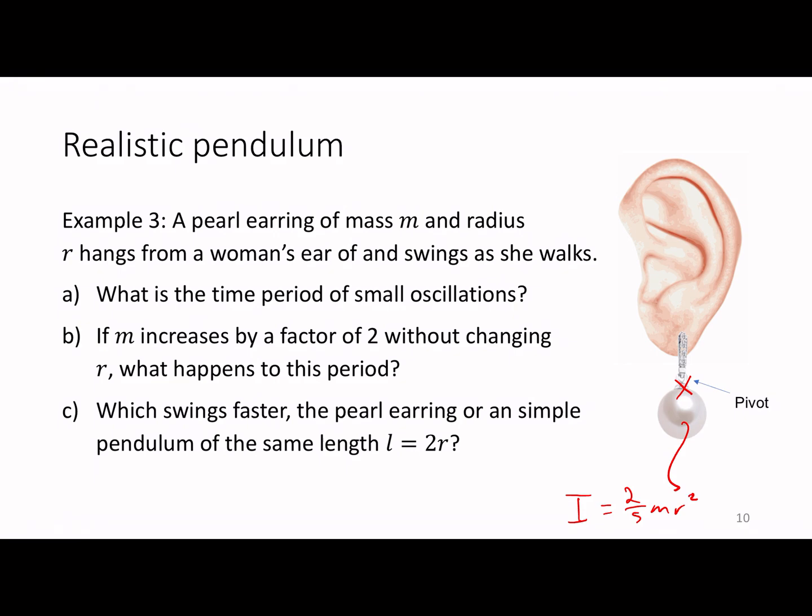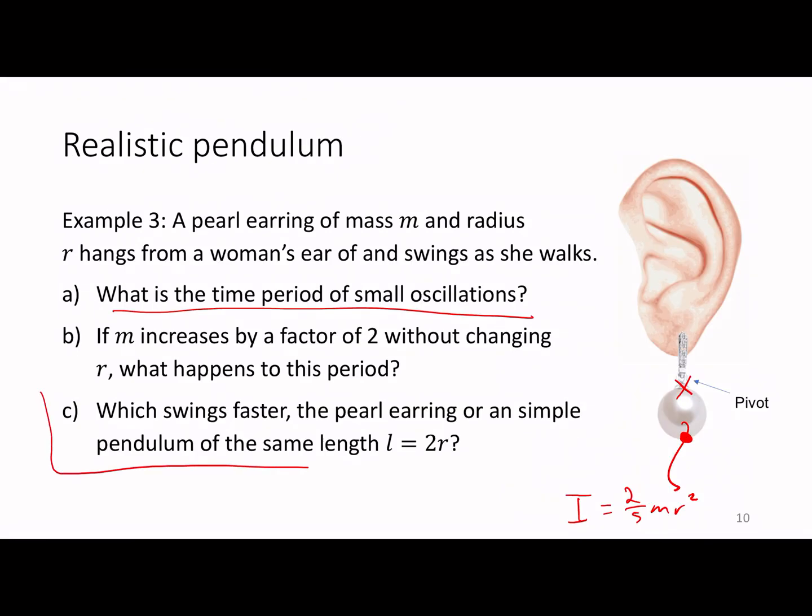So what I want you to think about is what is the time period of small oscillations, symbolically. If m increases by a factor of 2 without changing the radius, what happens to the period? And which swings faster? The pearl earring or a simple pendulum where all of the mass is just down here at the bottom of the earring.